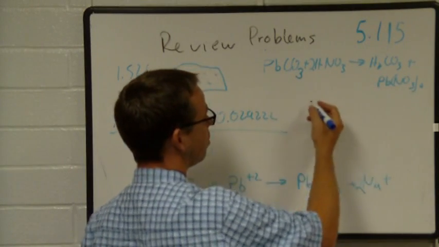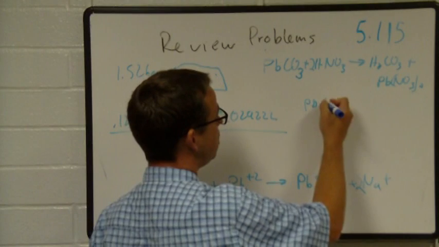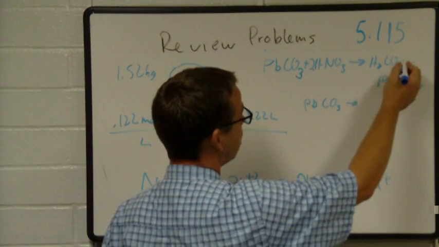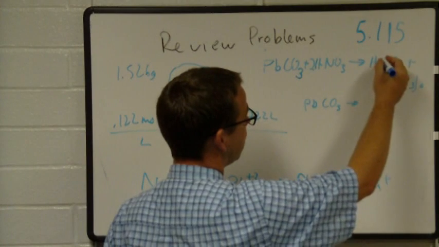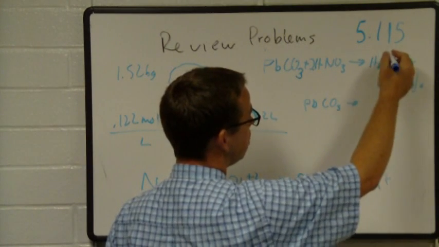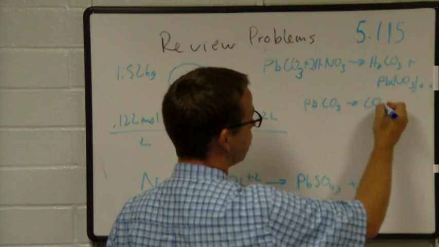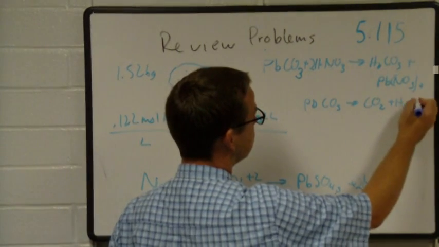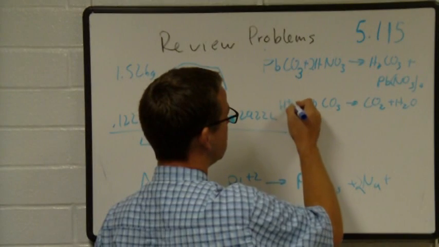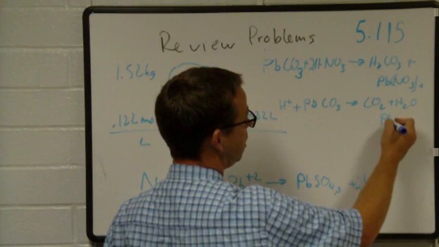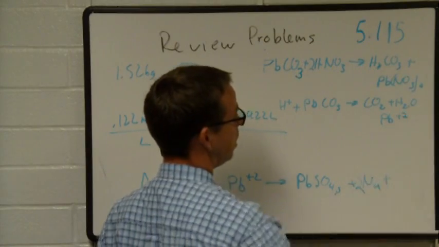The net ionic reaction here is PbCO3 going to, well, H2CO3 breaks down into carbon dioxide and water, right? So we have carbon dioxide and water, and we have H plus ion here, and we have Pb plus 2 ion there.